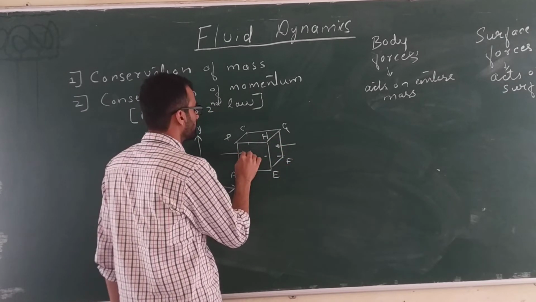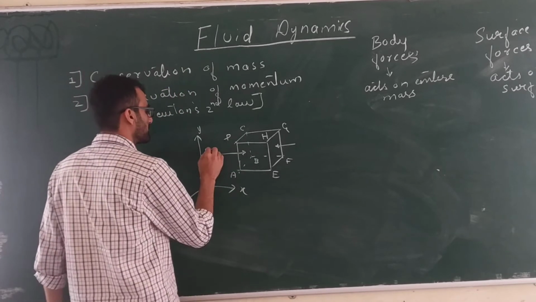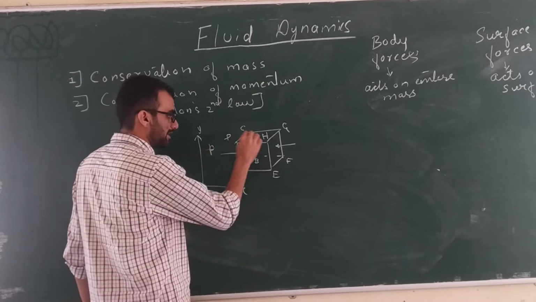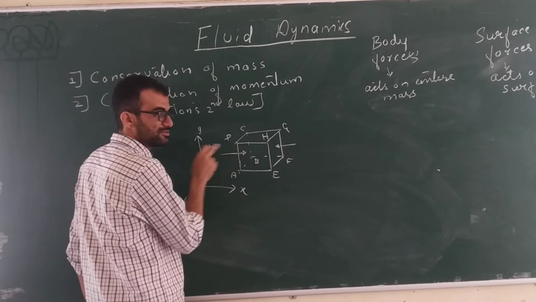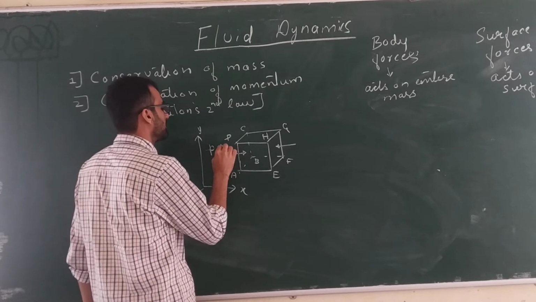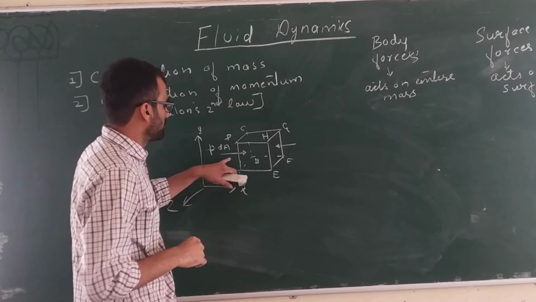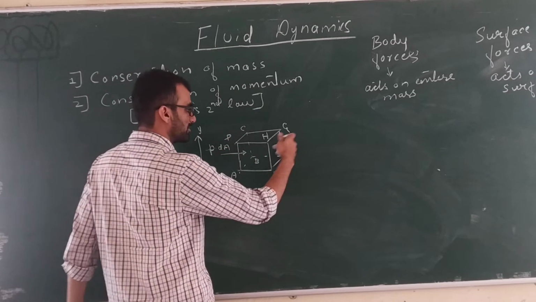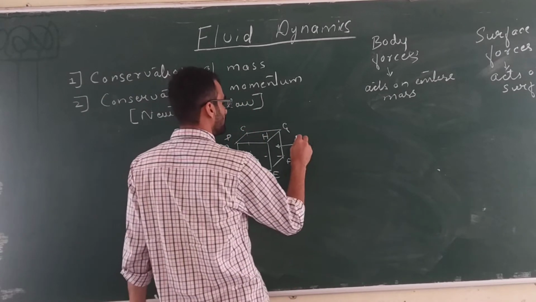So here is one force normal to ABCD. This is the pressure P, and it will act on the area. So what will be the force? Pressure into area. If this area is dA, then P into dA is the pressure force. This is a surface force, because it is acting on the surface, normally.